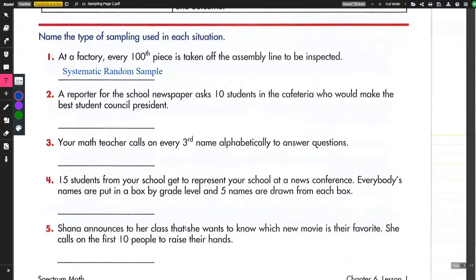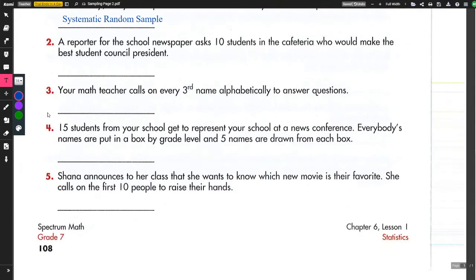We'll go down here to number 4. I'm just picking random. 15 students at your school get to represent your school at a news conference. Everybody's names are put in a box by grade level, and 5 names are drawn from each box.